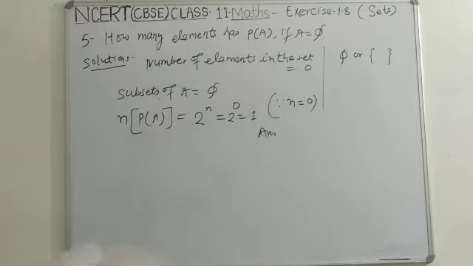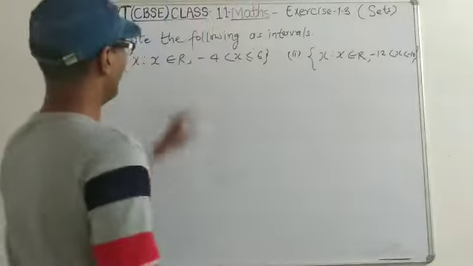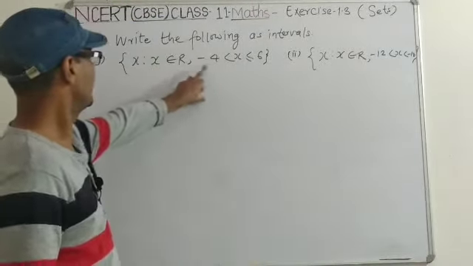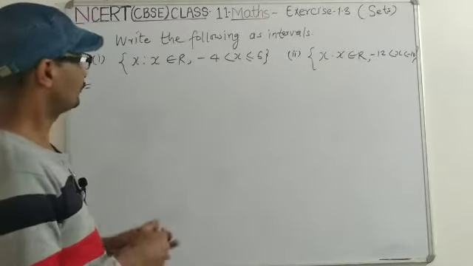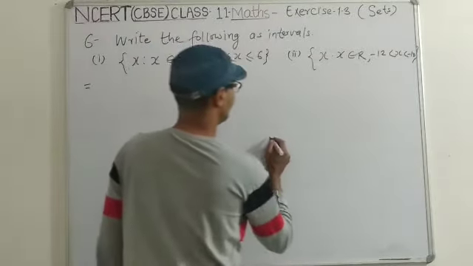Now next, number 6. Now see question number 6. Write the following as intervals. X such that x belongs to R, minus 4 less than or equal to x less than or equal to 6. So we use intervals here; I will just remind you.